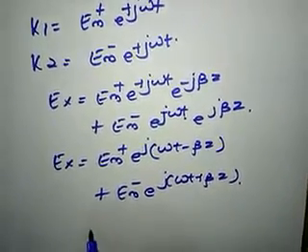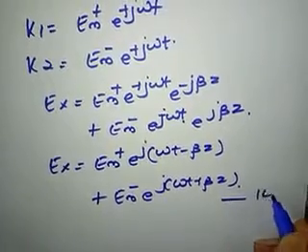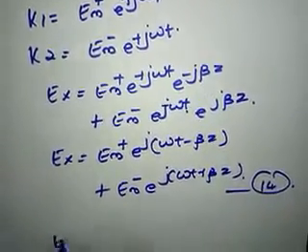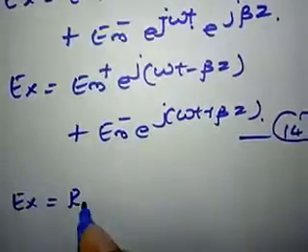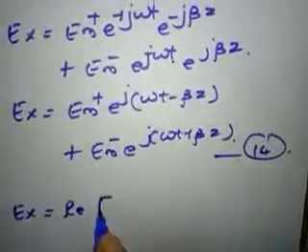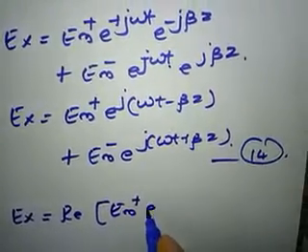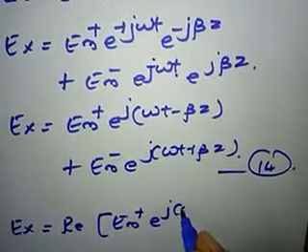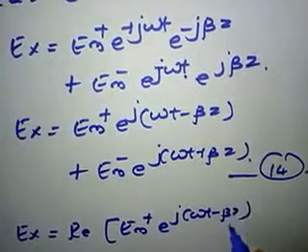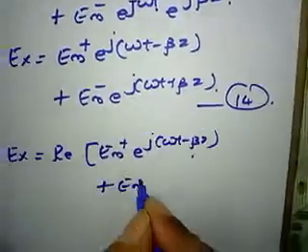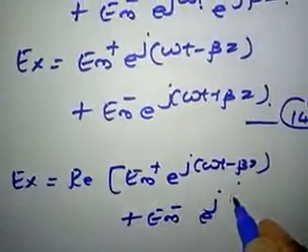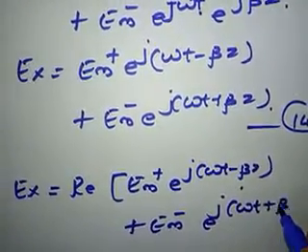Taking the real part of this equation 14, we get Ex equal to the real part of Em plus e raised to j omega t minus beta z plus Em minus e raised to j omega t plus beta z.